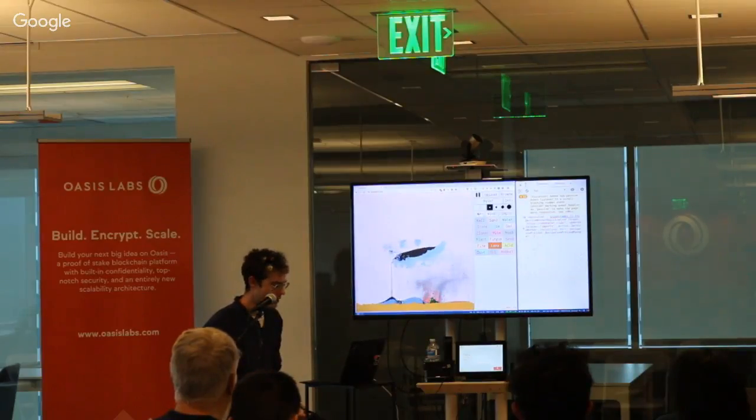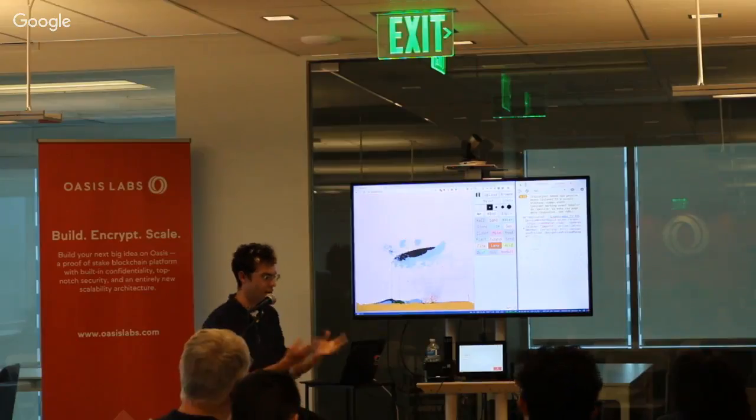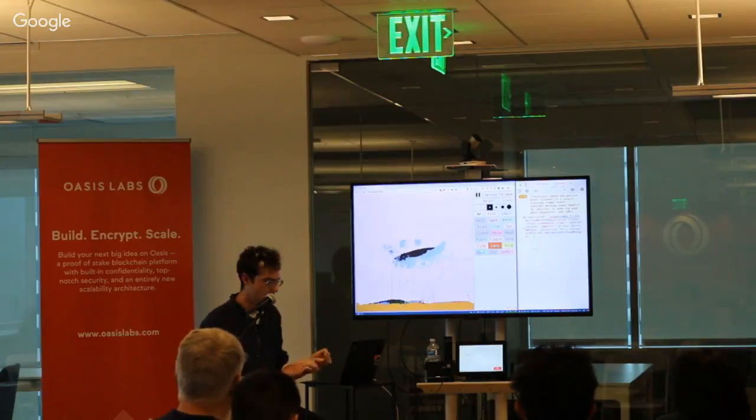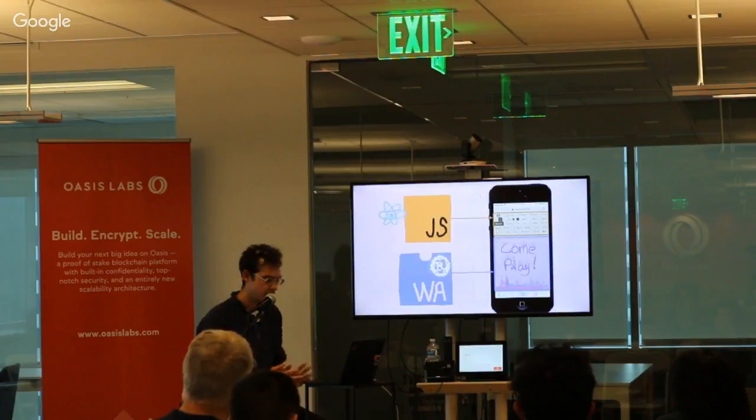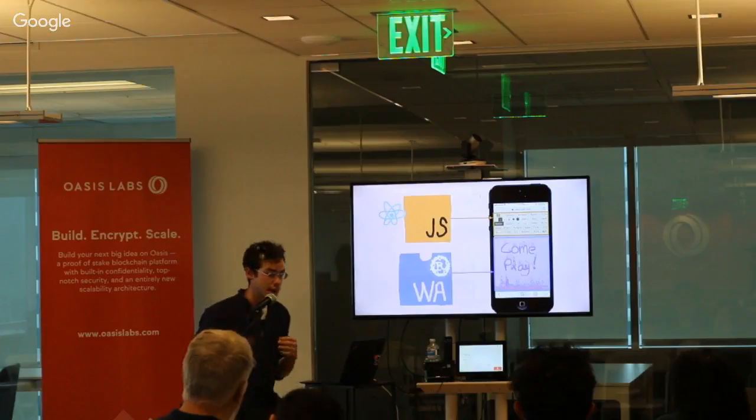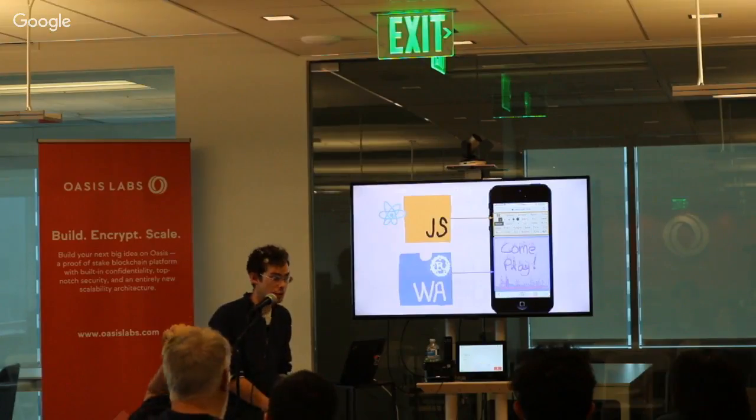And so this is kind of how the game works. I'll come back to this, but the important thing to understand here is that I did not just write this whole thing.